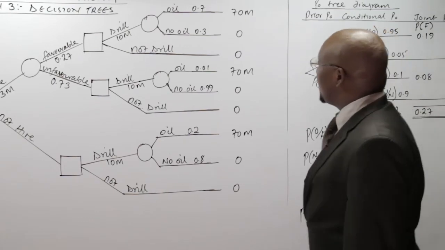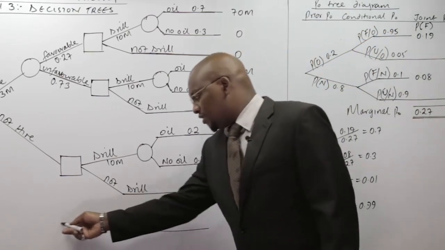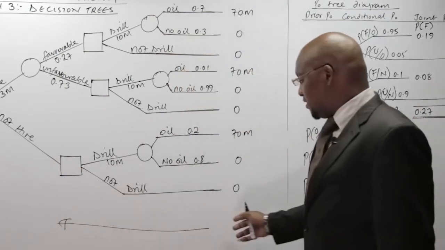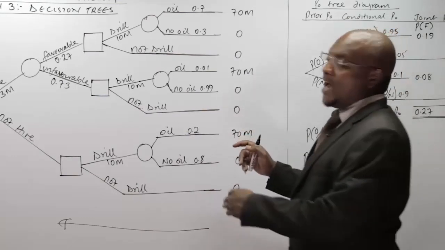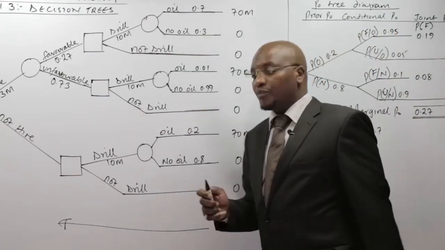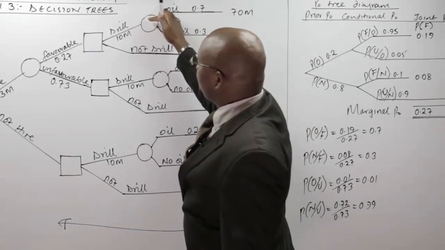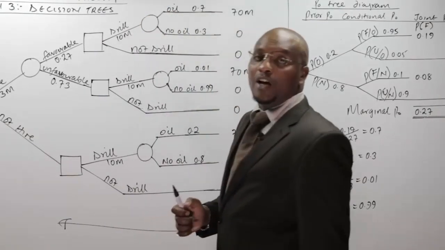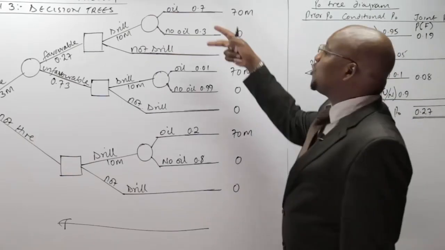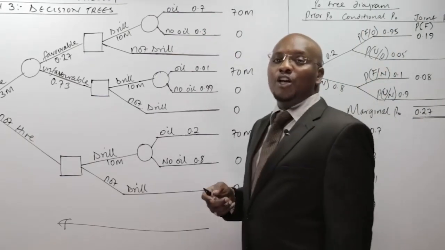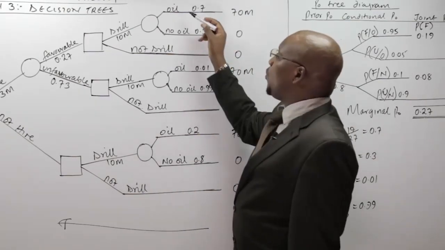Now, once you have recorded the payoffs, we use what we call the rollback method, from the right to the left, from the known to the unknown, so that you can make a decision. Where we have a circle, we are going to determine the outcome of the two branches, because you cannot avoid one branch.